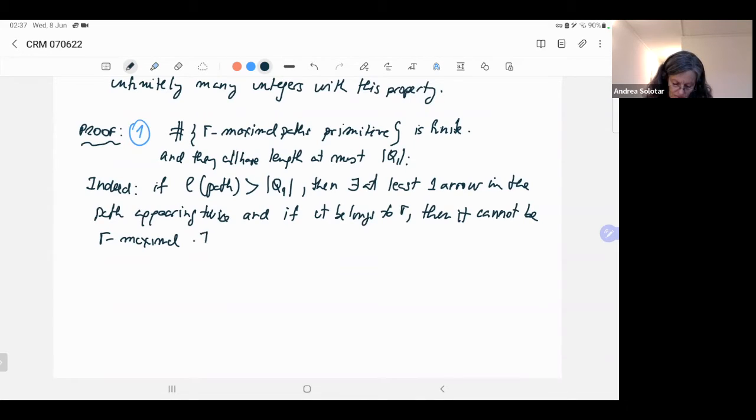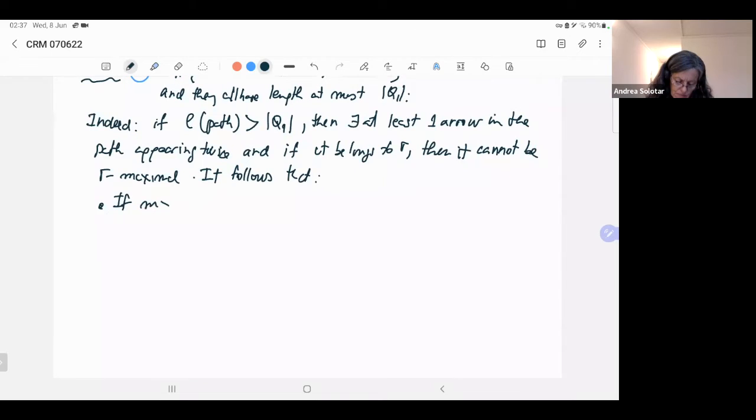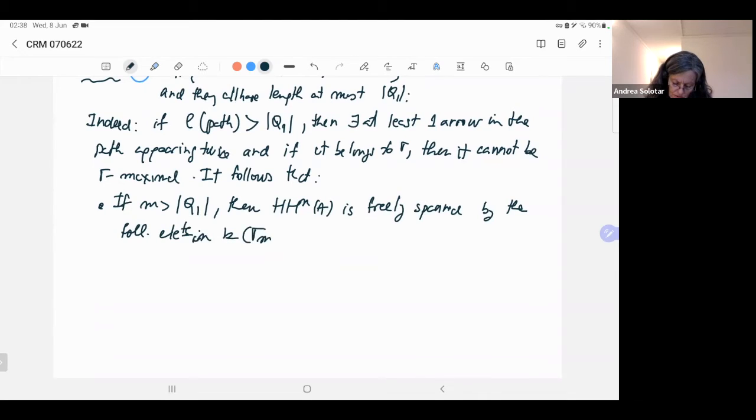So from this, it's just counting, it follows, if m is bigger than the number of arrows, then the cohomology in degree m is freely spanned, because we have the basis, the following elements, the vector space spanned by what the resolution has in degree m parallel to the basis.